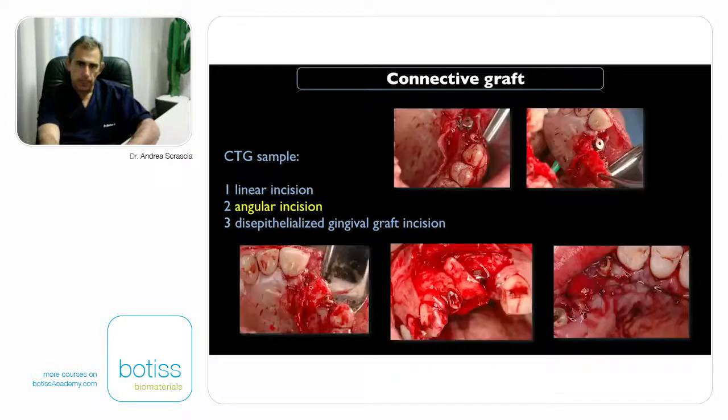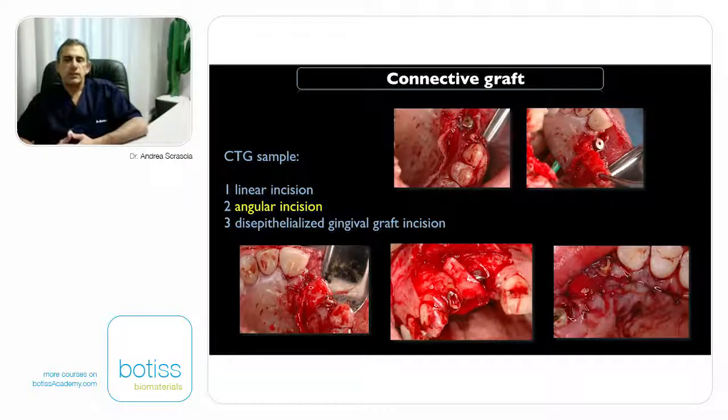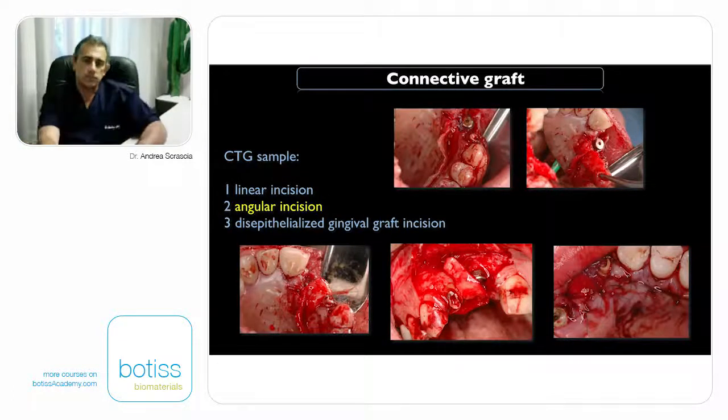So, the only solution for this case to augment the volume of the distal papilla is to execute a pedicle connective graft using, in this case, an angular palatal incision.